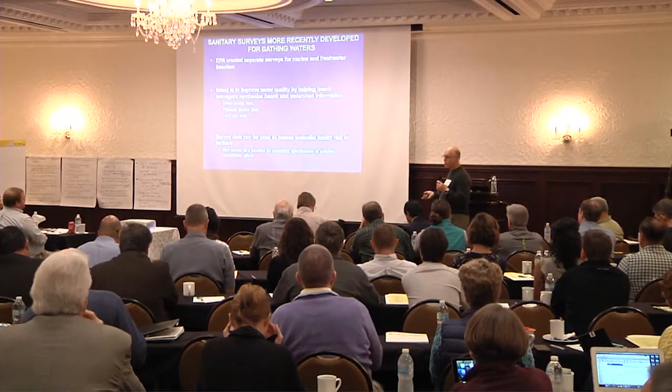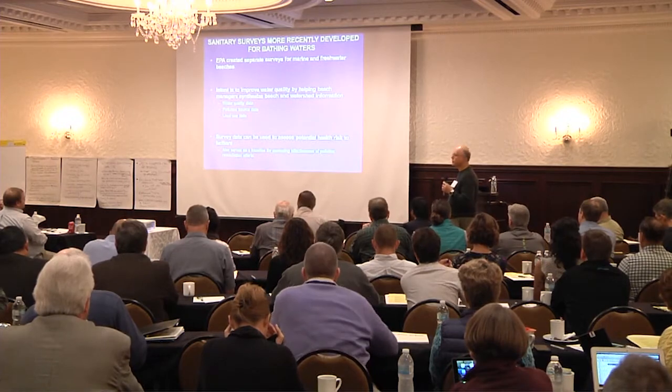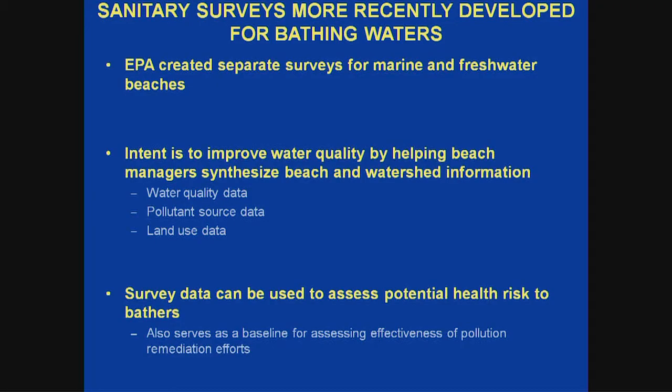The things that are looked at are water quality data, something that you all also are supposed to look at now, the pollutant source data, so identifying what the causes of pollution might be, and then also land use data. The idea is to use that data to assess potential health risks, and then you can also use repeated surveys to go back, and if you do pollution remediation, or what people call best management practices, or BMPs in the jargon, to assess whether or not those actions you've taken to clean things up have worked.